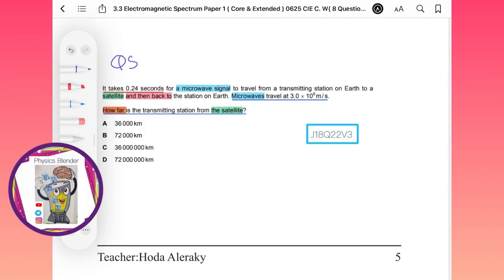Question number 8. It takes 0.24 seconds for a microwave signal to travel from a transmitting station on Earth to a satellite and then back to the station. Okay, you can imagine that you have here Earth and you have an orbit and you have the satellite.